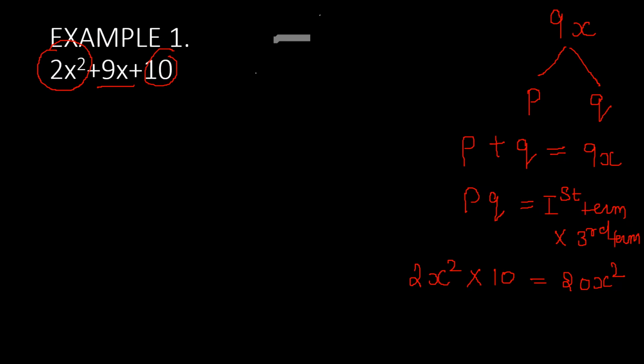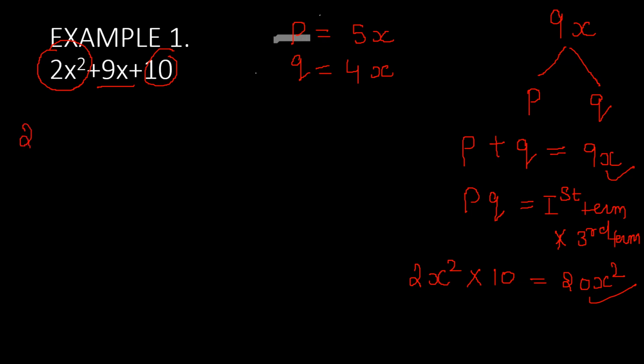Now, if I take 5x and 4x, will it fulfill our conditions? Look here. If I add them, it gives 9x, and if I multiply, it is equal to 20x square. Both conditions these two terms can fulfill.